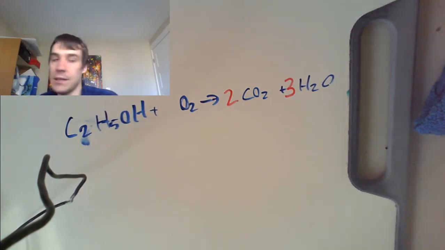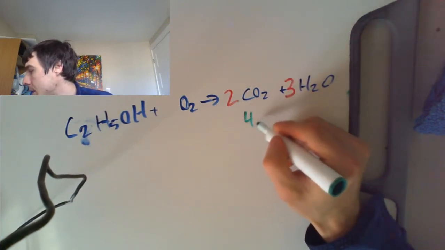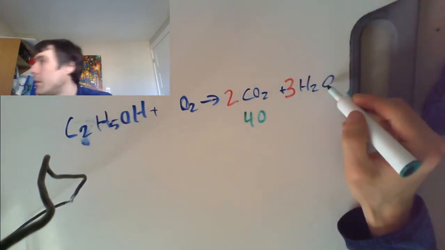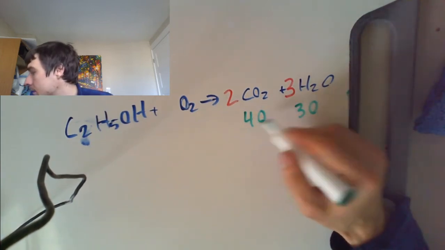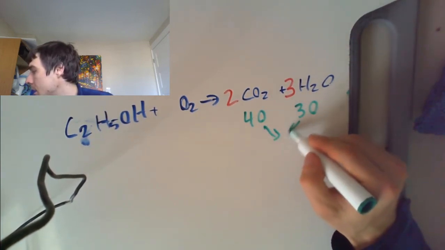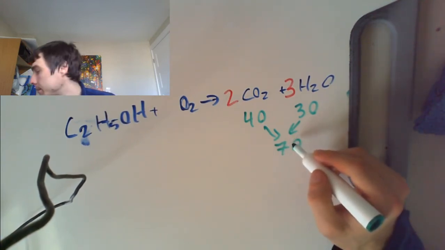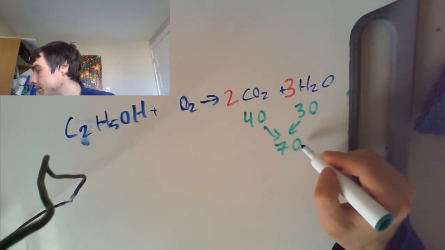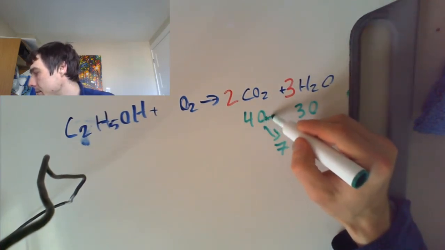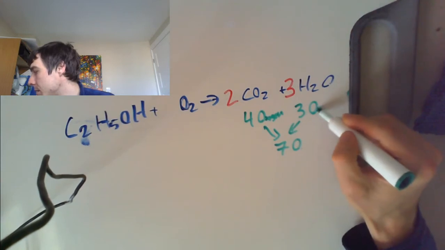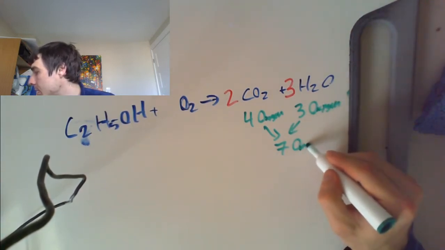And then we can continue with the same trick. 2 CO2s is 4 oxygens. 3 waters is 3 oxygens. 4 oxygens and 3 oxygens together is 7 oxygens. I always hate that oxygen is an O because it looks like a 0.